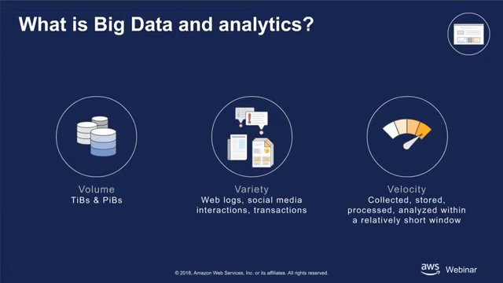Increasingly, businesses have stringent requirements from the time data is generated to the time actionable insights are delivered to users. Therefore, data needs to be collected, stored, processed and analyzed within a relatively short window. This could range anywhere from a day to really real-time information.